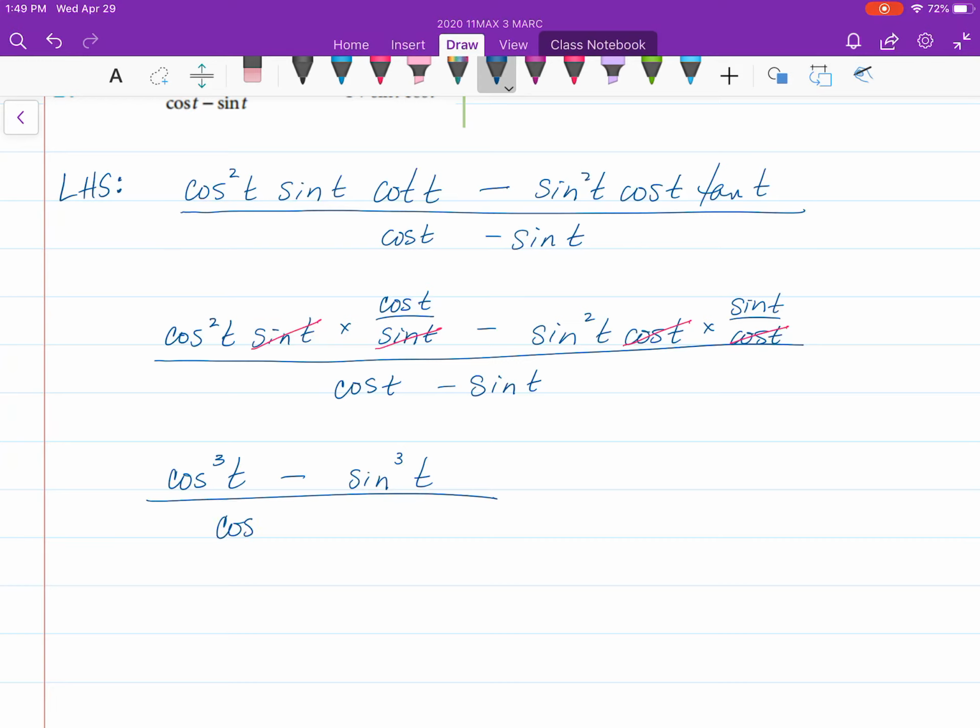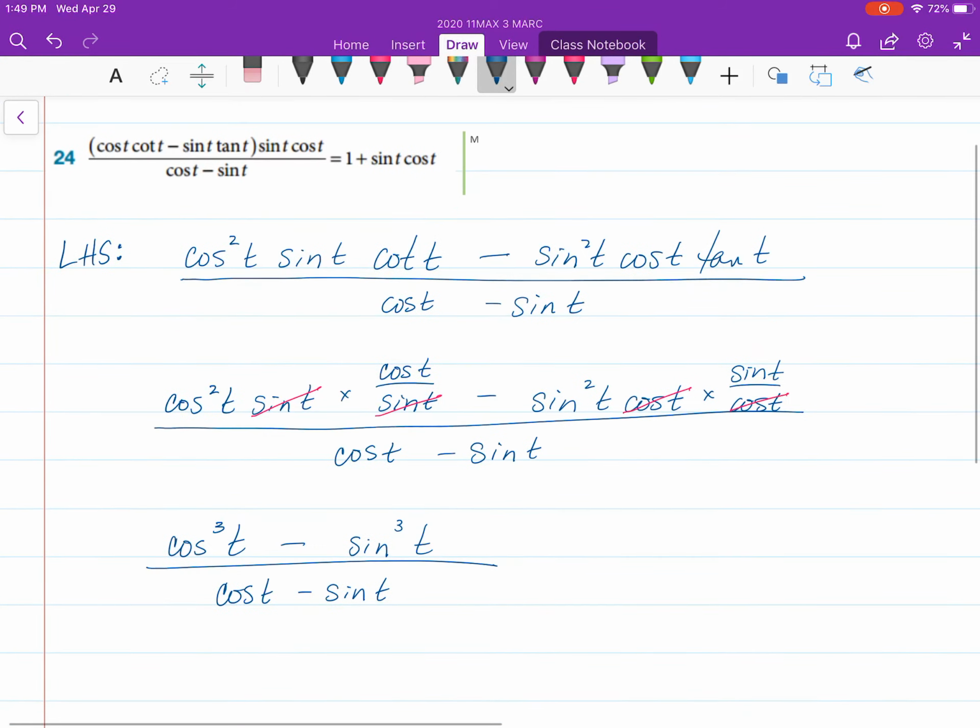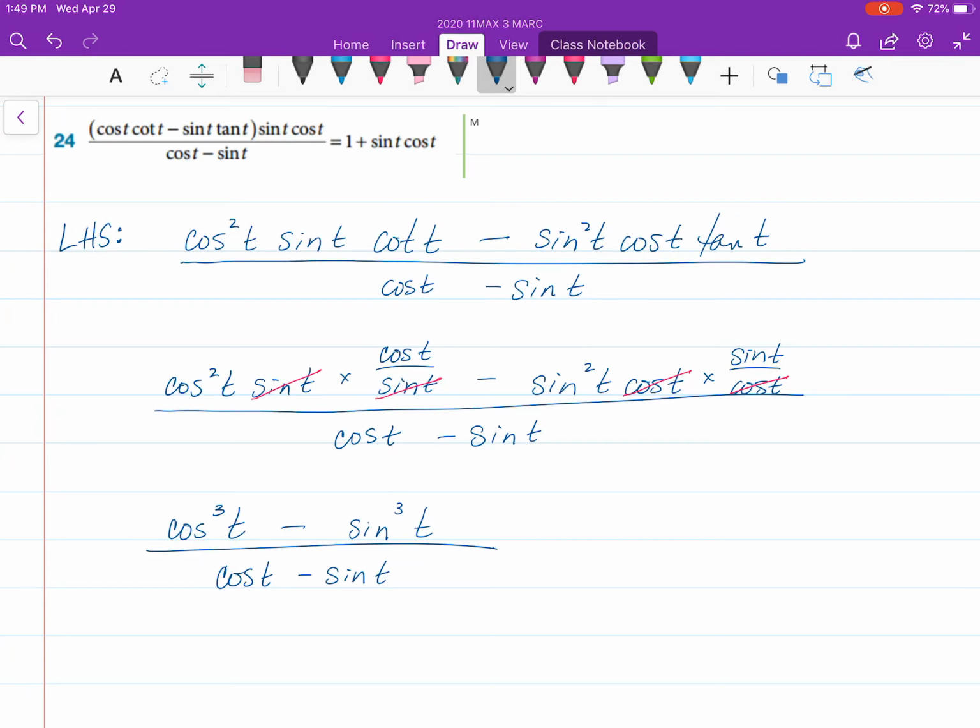And again, nothing to do with the denominator. So if I look at what I've got on my right-hand side above, I recognize that I don't have a fraction on my right-hand side. So therefore, it leads me to believe that that cubic thing on the top must factor.